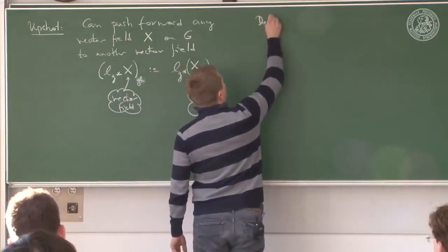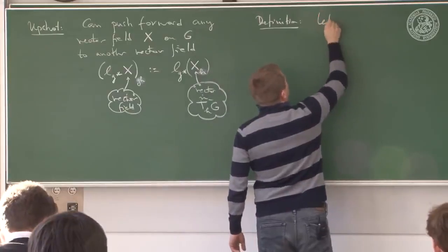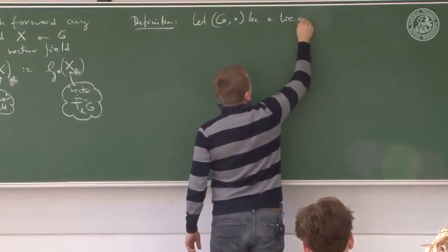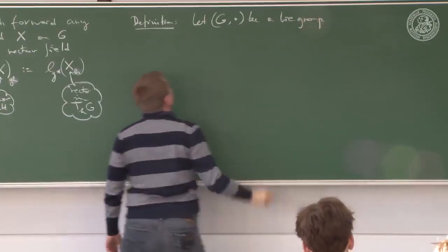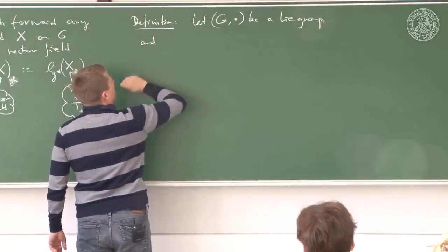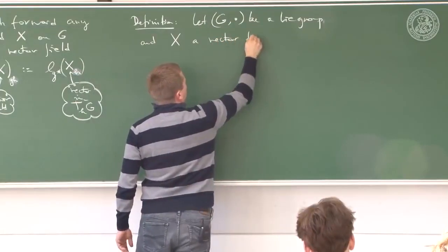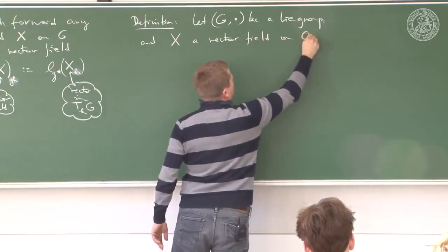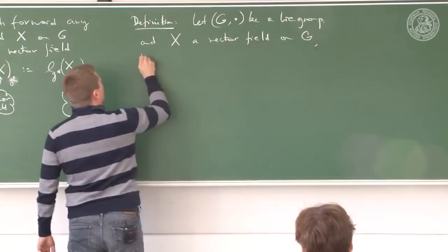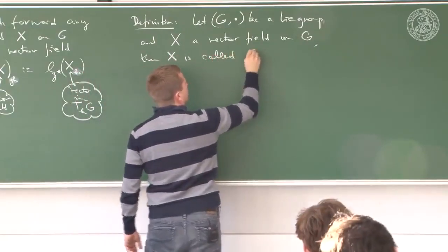So definition. Let G be a Lie group, and X a vector field on G, then X is called left invariant.